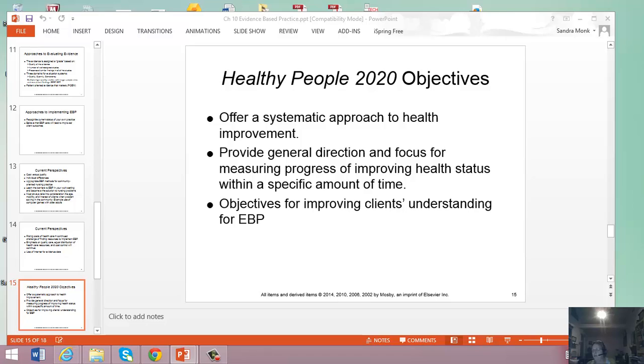They look at it over a period of 10 years, and sometimes they break it down into shorter periods of time, where we would like to see the number of older adults increase their mobility in the community. I don't know if that specifically is one, but they would look at objectives for, I know that is true for younger persons, objectives for improving clients' understanding of the evidence-based practice as well.